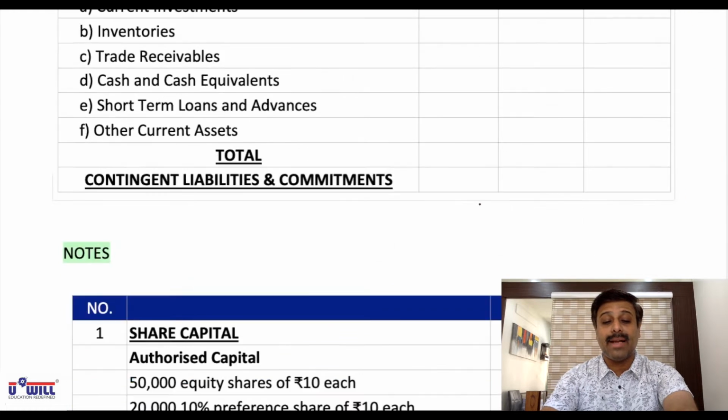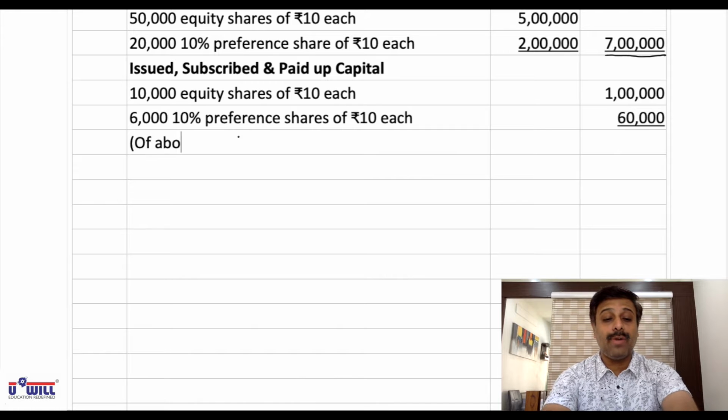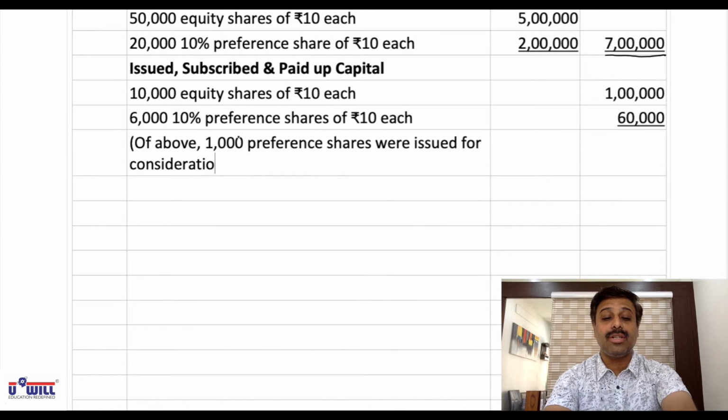We have mentioned that in brackets. So write down: of the above, 1,000 preference shares were issued for consideration other than cash. And the final total will come to 1,60,000.